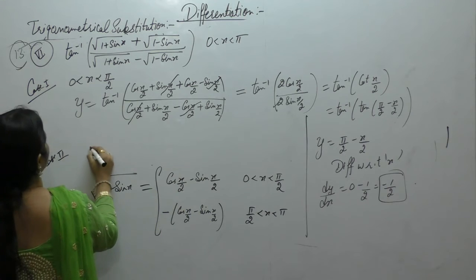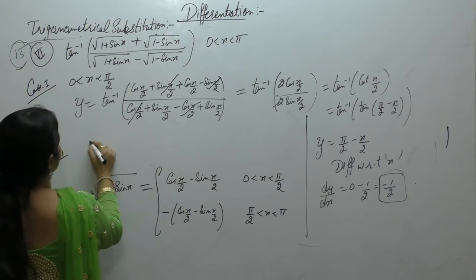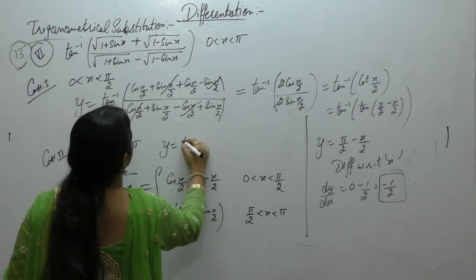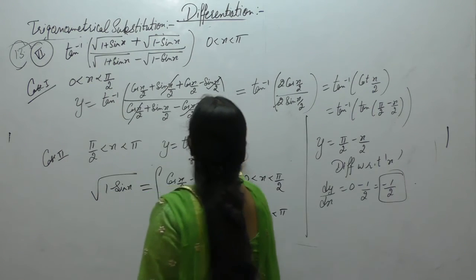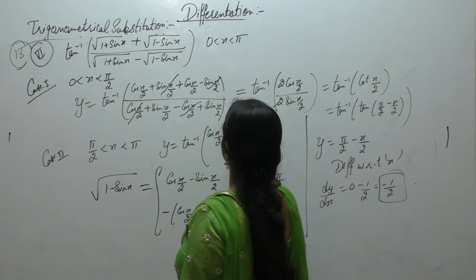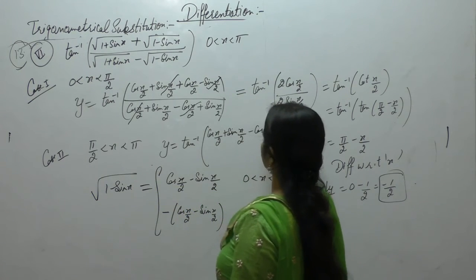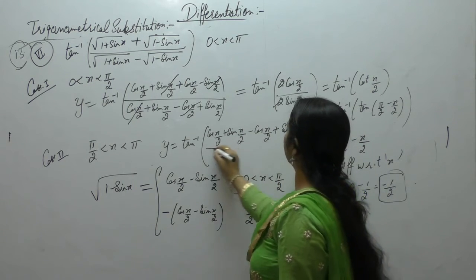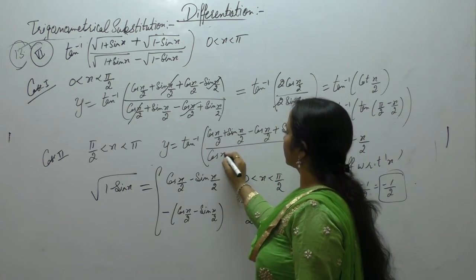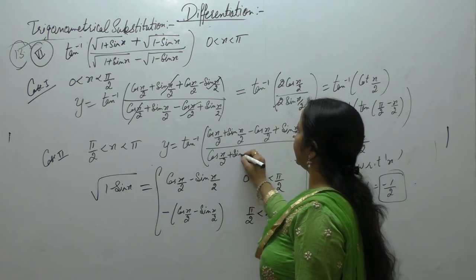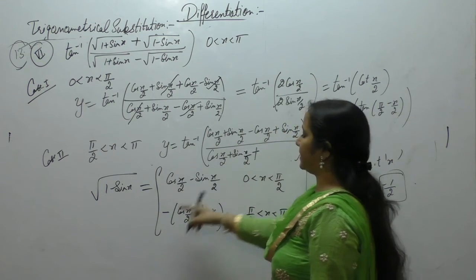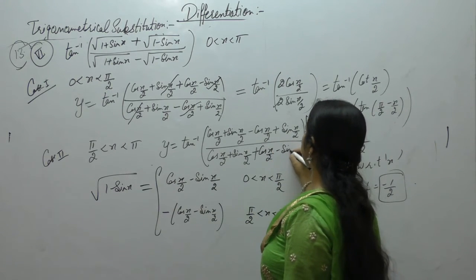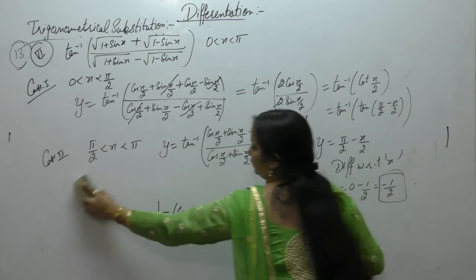Case 2 when pi by 2 is less than x less than pi. Then y is equal to tan inverse of cos x by 2 plus sin x by 2 minus cos x by 2 minus, minus plus sin x by 2, upon cos x by 2 plus sin x by 2 minus, minus plus here, so cos x by 2 minus sin x by 2.